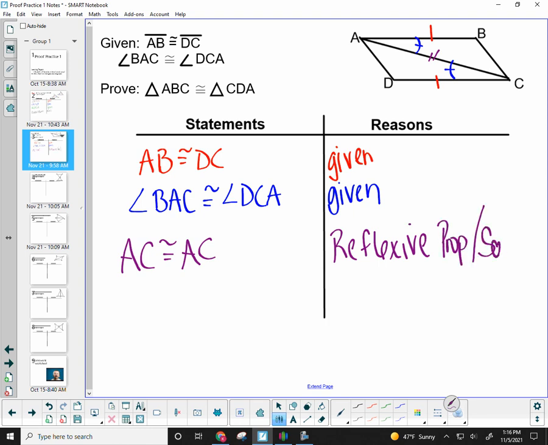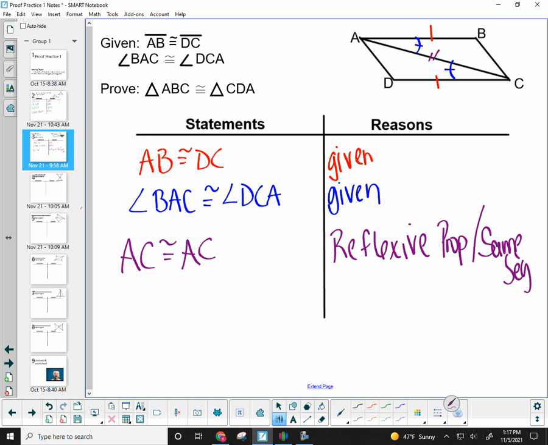Our book also calls it same segment. So some people like to write same segment, some people like to write reflexive property. I don't care which one you use, I'll try to say them both every time. Just be familiar with them. So same segment.